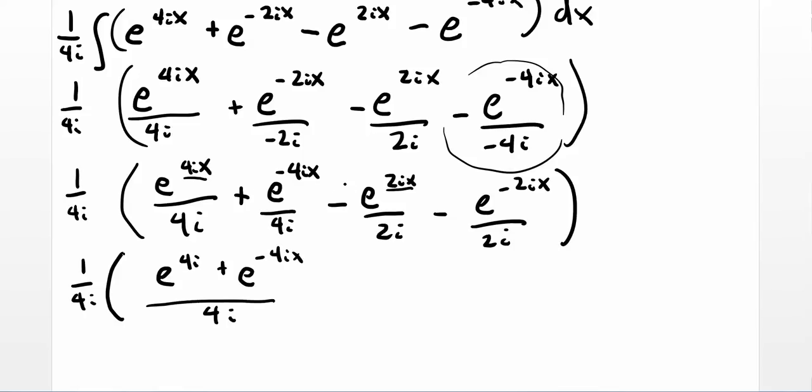In this case, I want to have a positive coefficient on the leading exponential. I don't have that here, so on these two terms, I'm going to factor out a negative 1. And then put them over the same denominator.